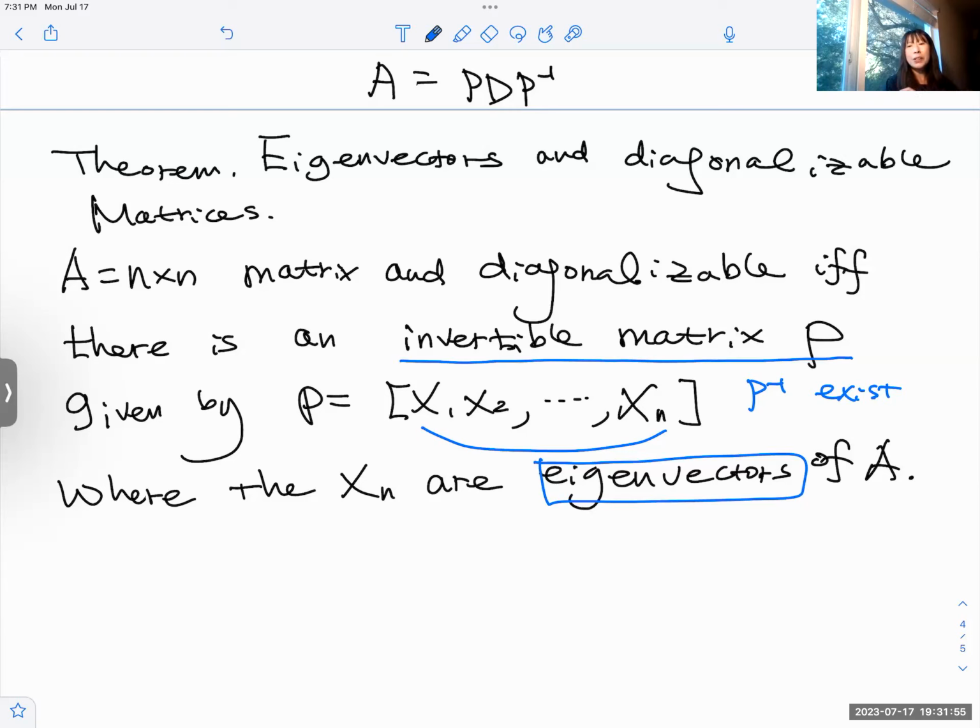We know how to find the eigenvectors from last time, right? We need to find the eigenvalues, and then we find eigenvectors by using the eigenvalues. Then there will be P, right? If we have a P, then we can find the invertible matrix for P, right? Then we can find the diagonal matrix, which is right there.